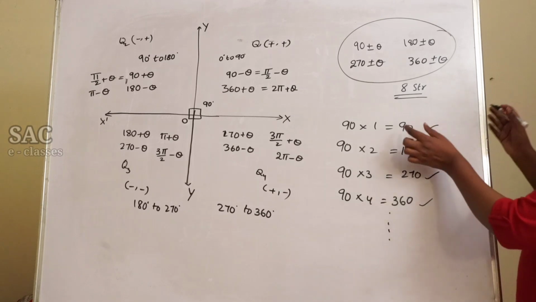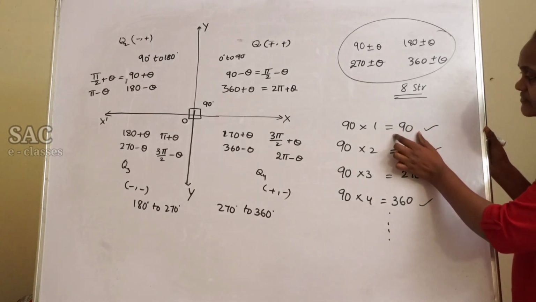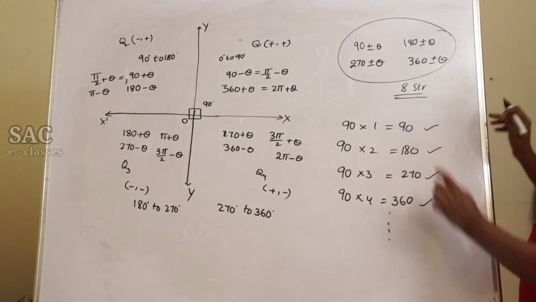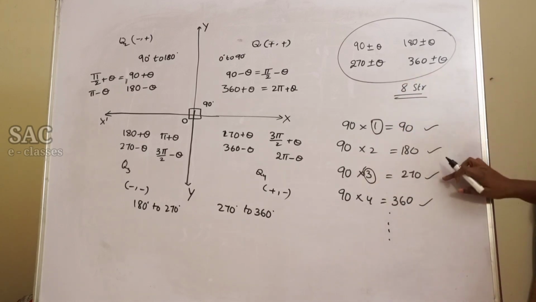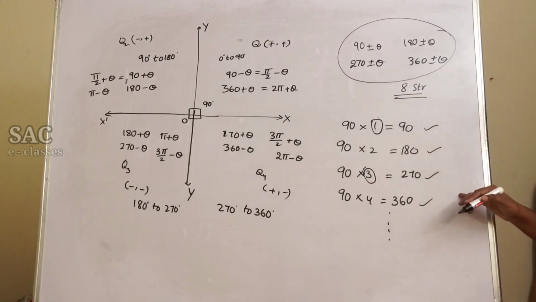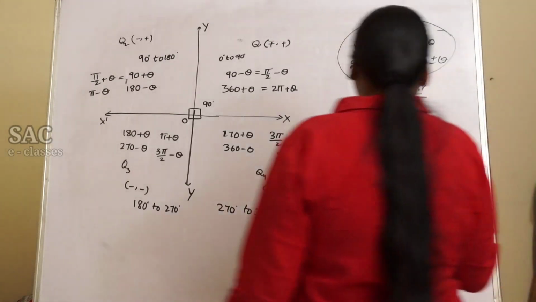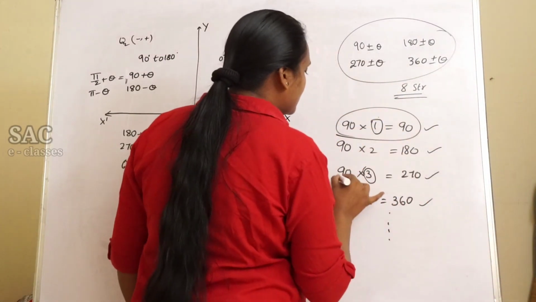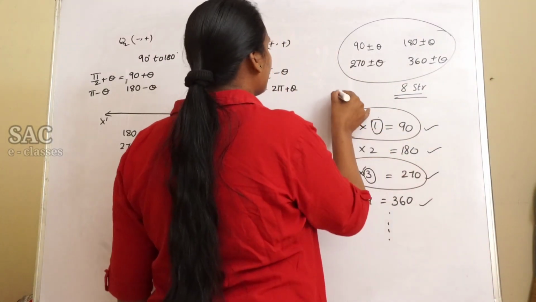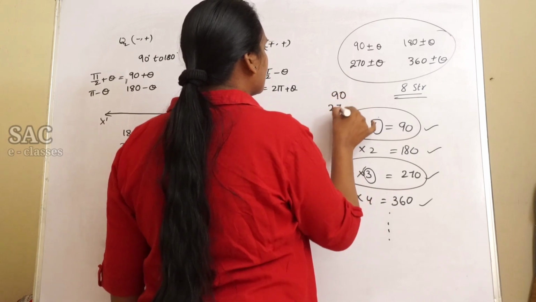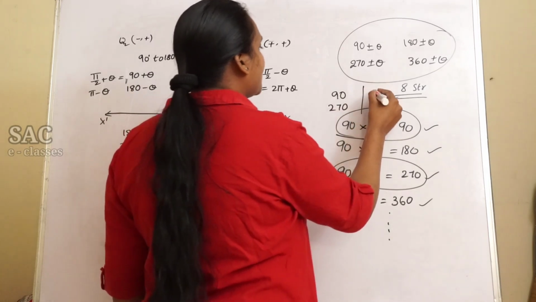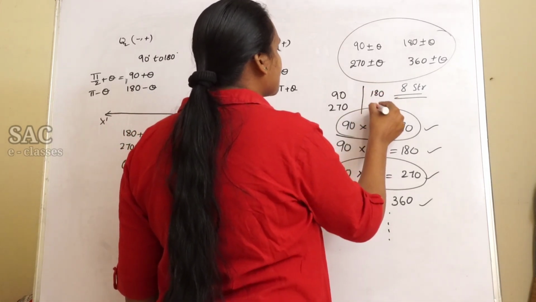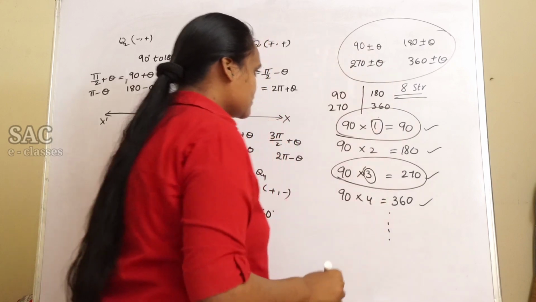Usually the angle is formed by an odd multiple. These are even numbers, but I am saying odd multiple. Now tell me, which are the odd multiples of 90 degrees? They are 90 degrees and 270 degrees. If 90 and 270 are odd multiples, definitely 180 and 360 are even multiples.